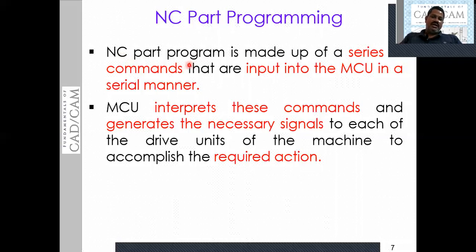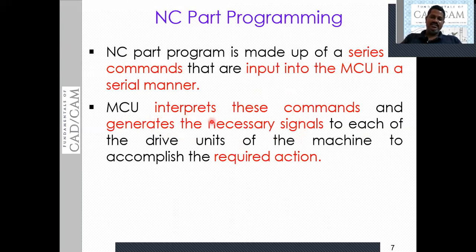The MCU part program consists of all the commands grouped together. When we group the commands together, that is called the part program. Those commands are interpreted into machine readable form. The duty of the machine control unit is to receive all the input commands in the form of a program, and the MCU interprets the commands into machine readable form and generates the signal.